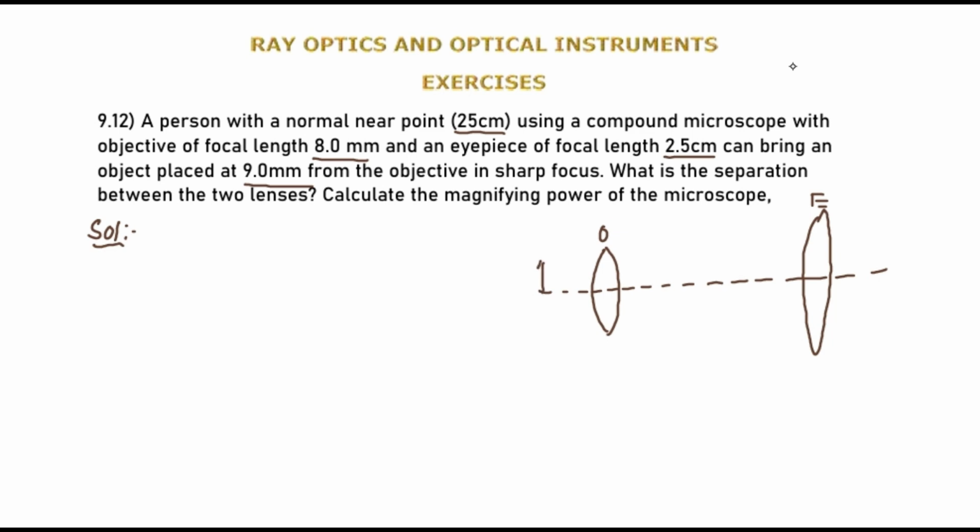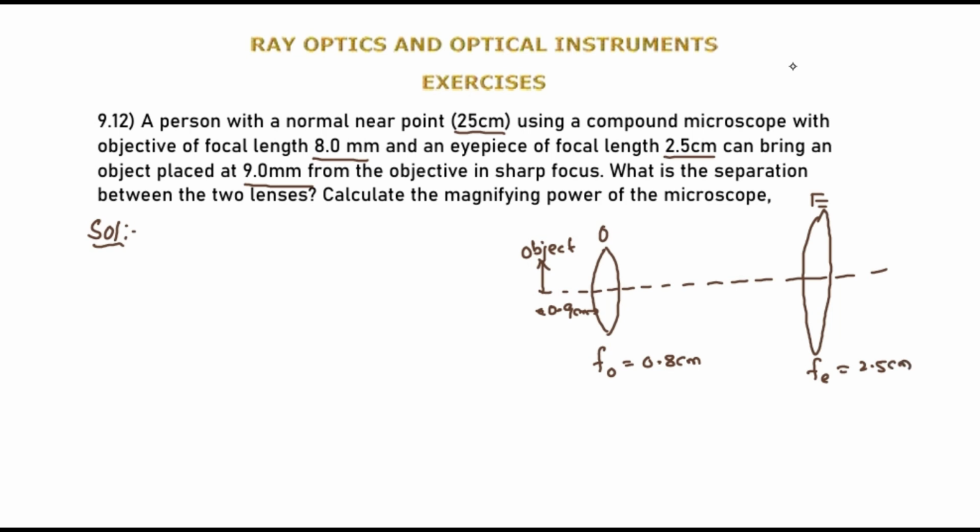So this is the object, and it is placed 9 millimeter, that means 0.9 centimeter. The objective focal length is 8 millimeter, that means 0.8 centimeter. I am taking all the values in terms of centimeter. For the eyepiece, the focal length is 2.5 centimeter.